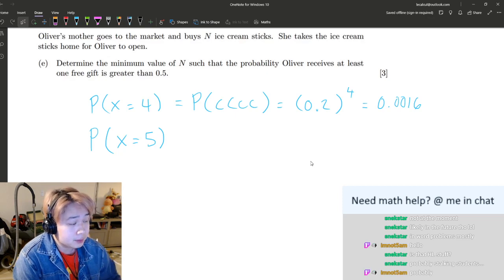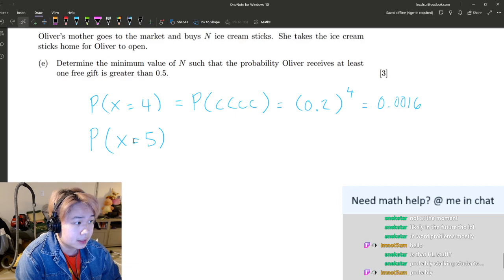So the probability that he gets it on his 5th coupon, or his 5th popsicle stick, means that one of the first 4 is not a coupon.